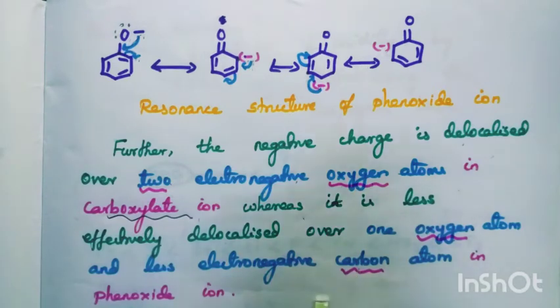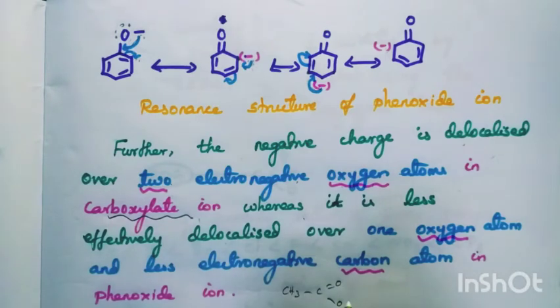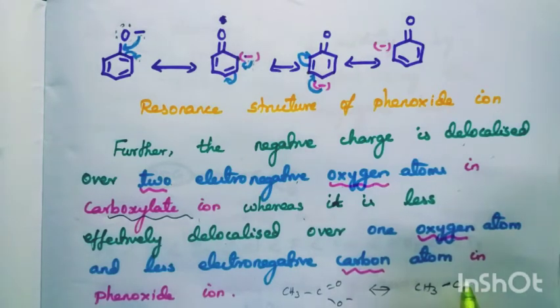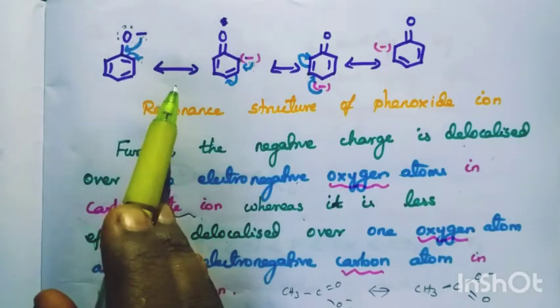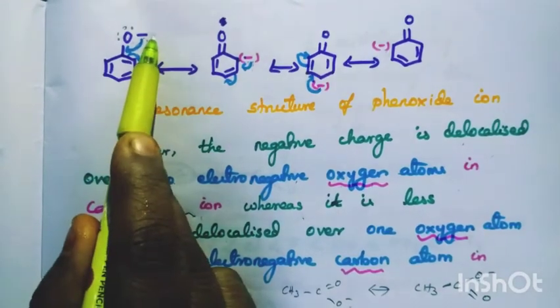In carboxylate ion, that is CH3, C double bond O minus, it is involved in resonance. CH3, C, O minus, double bond O. So here it is between 2 oxygens. But in phenol, it is between oxygen and carbon.